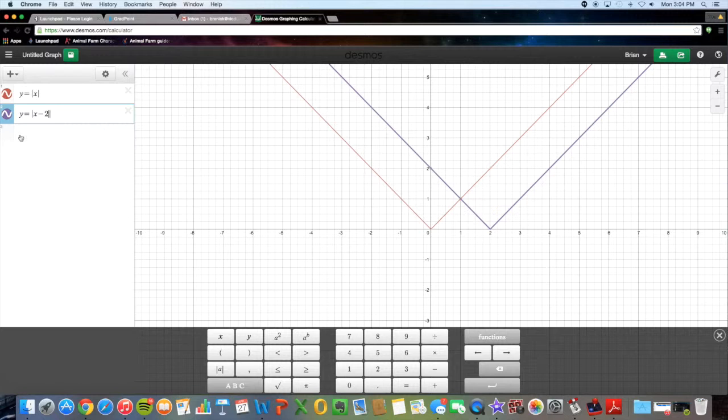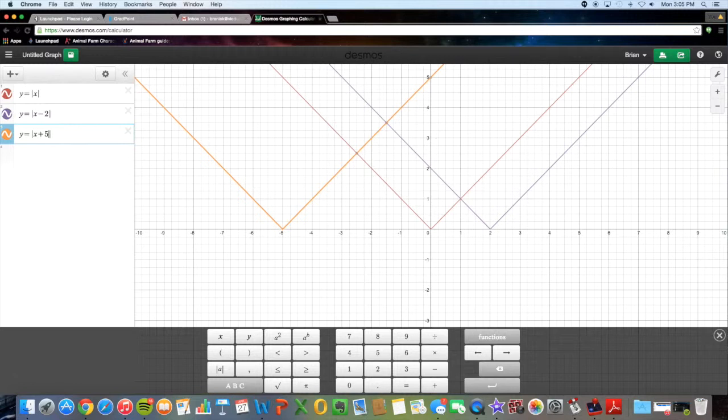Well, what if we want to translate it 5 units to the left? Again, y equals the absolute value of x. Now to translate it left, we need to add a constant. If we want to translate it 5 units to the left, we're going to add 5, and boom, there we are. We've translated 5 units to the left.